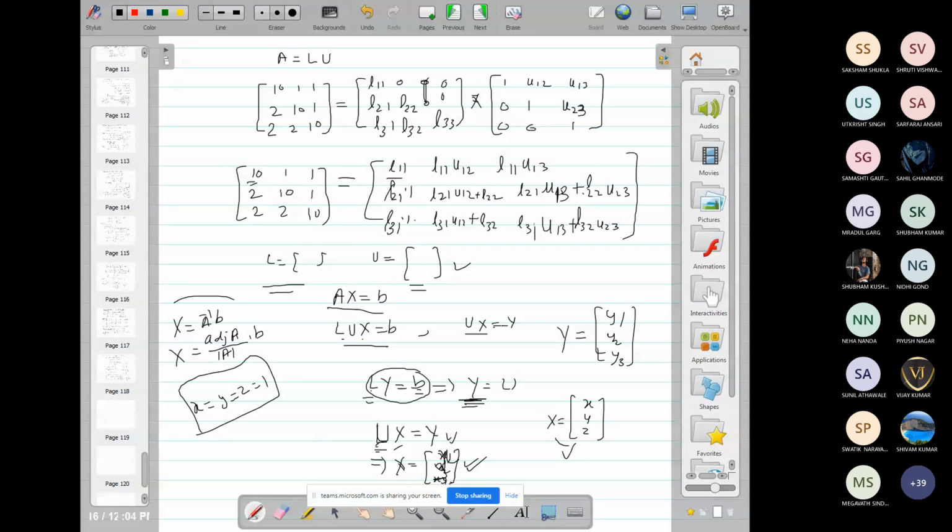This is the matrix inversion method. If the coefficient matrix is non-singular, then we obtain the solution by the matrix inversion method. You must have already studied this somewhere. Okay.